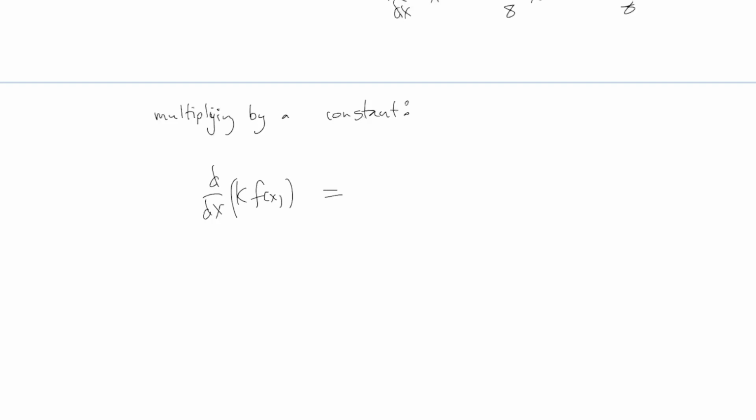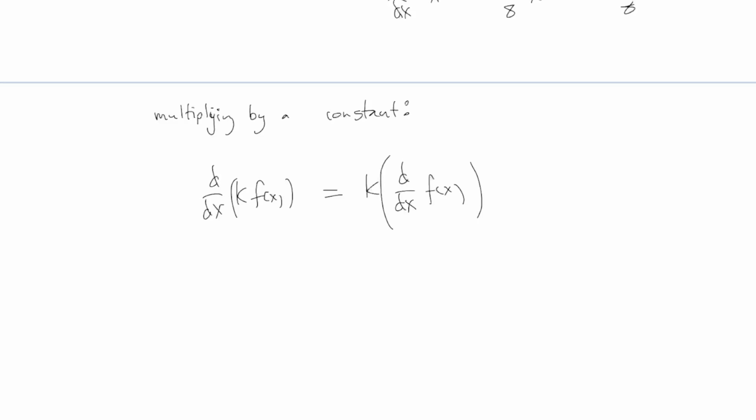I don't think we need to go through the details, but basically if you write the limit definition of a derivative out, you get some fraction with the numerator f of x plus h minus f of x. If you have constants multiplied onto them, that constant can factor out of the entire fraction. In fact, you will see that you can just factor the k out of everything.